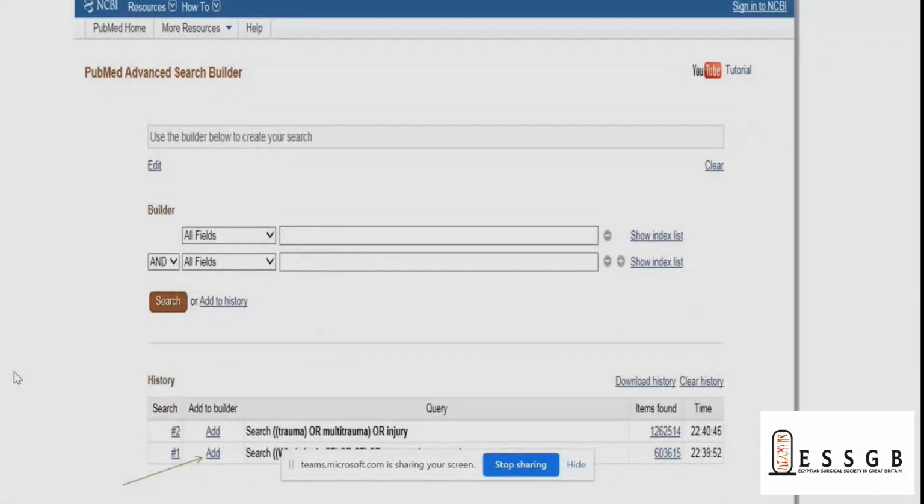So now you have created two of your keyword sets that can be more based on the PICO format, but say two is enough for you, and then you just need to add them together. And to add them together, you need to use AND this time, because you want a study that includes any of these and any of these. And then you add them.